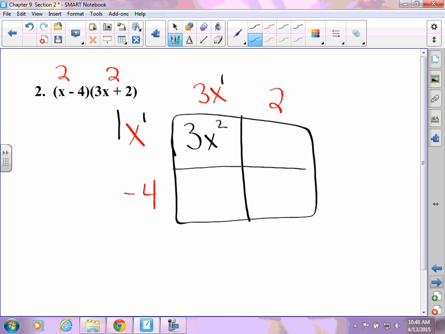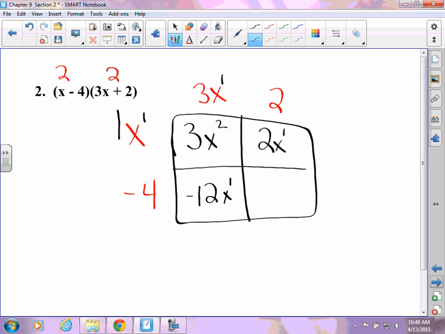All right. 1 times 2 is 2, and it's x to the first power. That's correct. Negative 4 times 3 is negative 12, and it's x to the first. Yep. And negative 4 times 2 is negative 8.